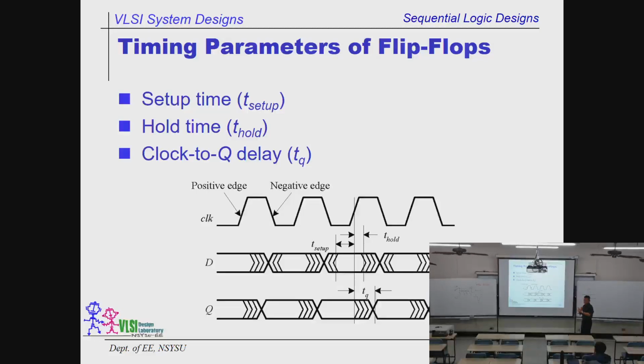These are three terms you have to remember. The rest are not that important, but still important for you to do the timing analysis, because a lot of students get confused about this part. I'd like to show you the basic stuff you need to understand. Otherwise, when people ask you, you won't know what they are talking about. T setup, T hold, and TQ: three parameters.